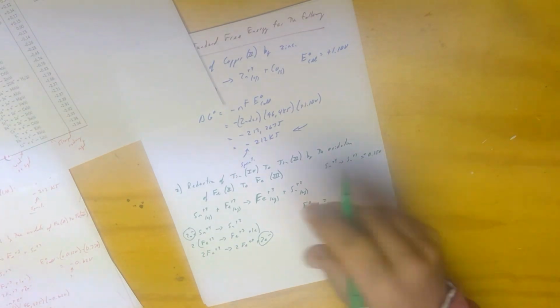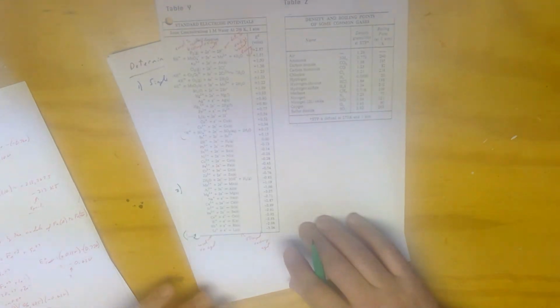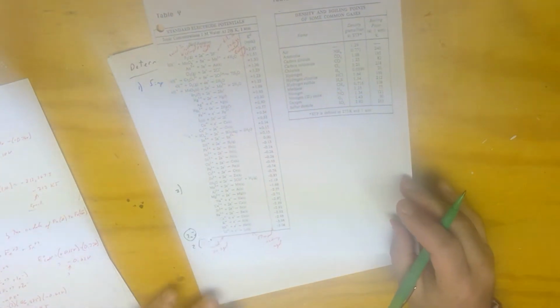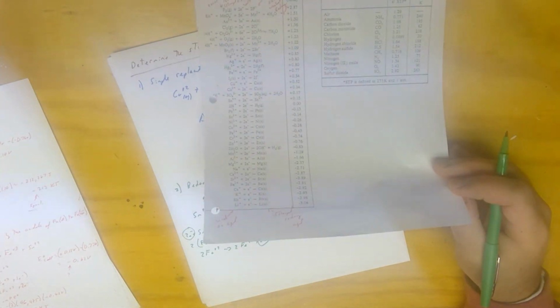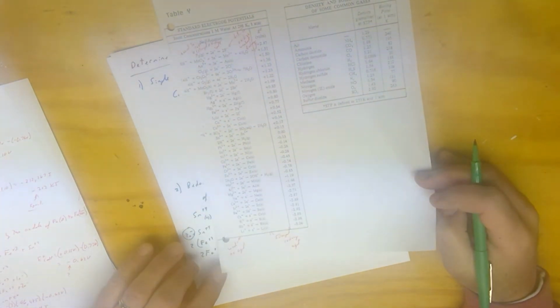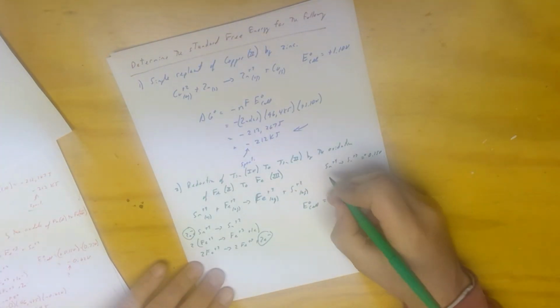And then the other one, we're going from Fe+2 to Fe+3, and that's a positive 0.77 volts.